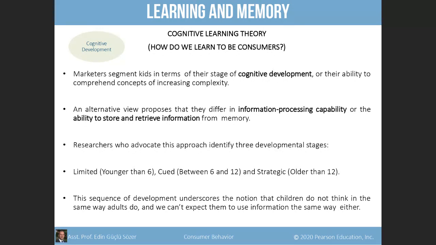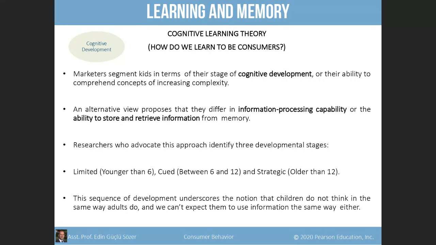So rational product consumption does not exist under age 6. Between age 6 and 12, some part of information processing capability can be provided with help, and they can understand what's going on. But after age 12, children become more like real consumers and understand the messages.